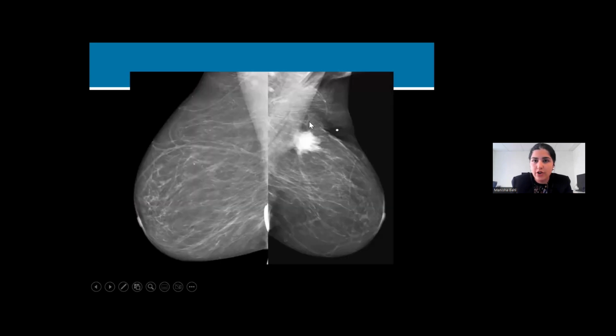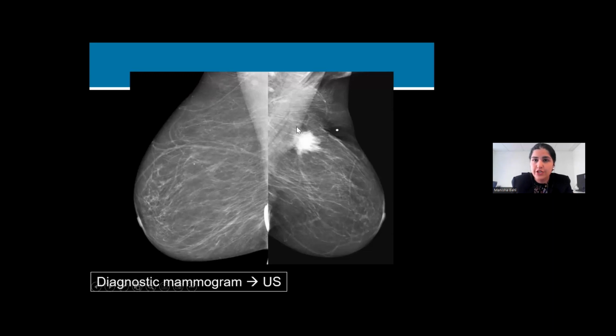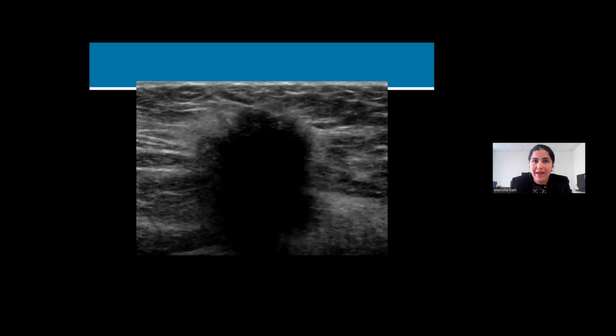Involvement of the muscle can also be seen on the MLO view here. The next step would be evaluation with ultrasound. On ultrasound, an irregular mass is seen for which biopsy was recommended, BI-RADS 4. The mass was biopsied under ultrasound guidance, yielding an invasive cancer as we expected.